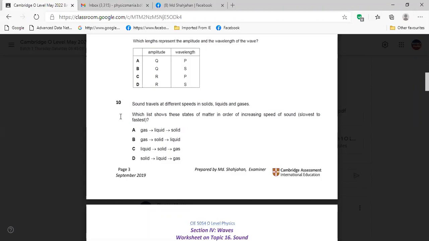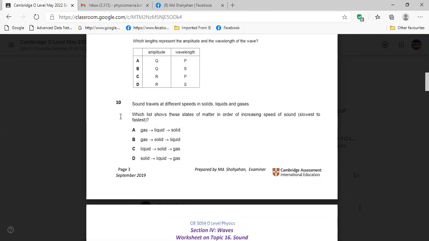Because there is one explanation. We got in notes that sound is a mechanical wave, right? The first thing is sound is a mechanical wave because sound requires a medium to travel. Another point is that sound travels by vibration of the molecules, right?